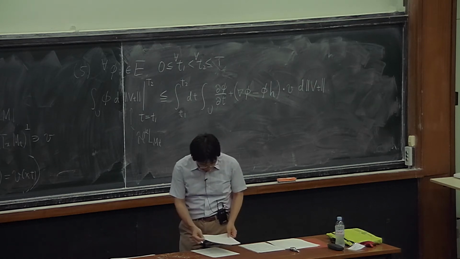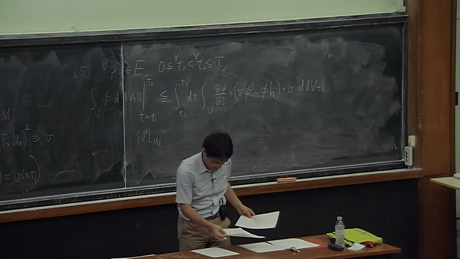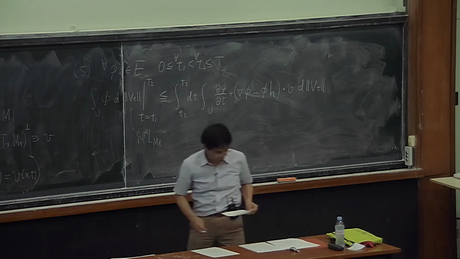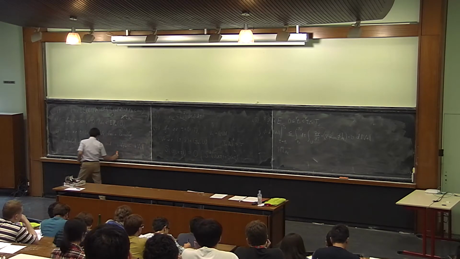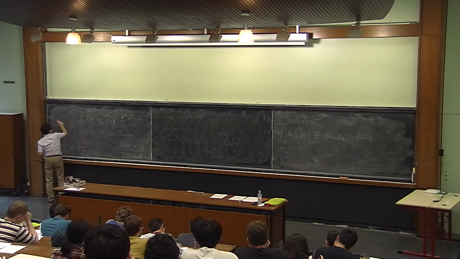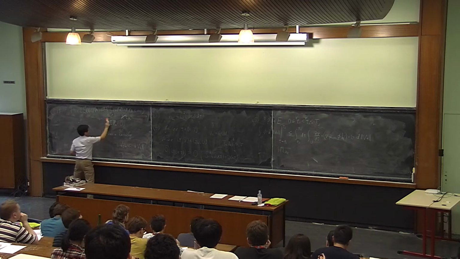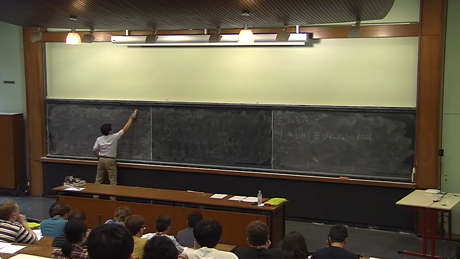And finally, okay, so that's finished. So finally, the definition for Brakke's mean curvature flow is that, if v is equal to the mean curvature, then it's Brakke's mean curvature flow.